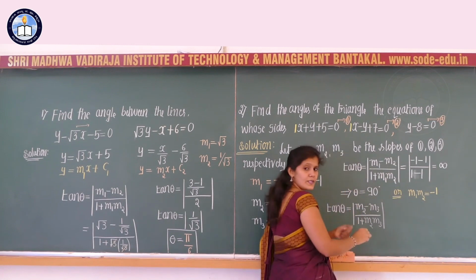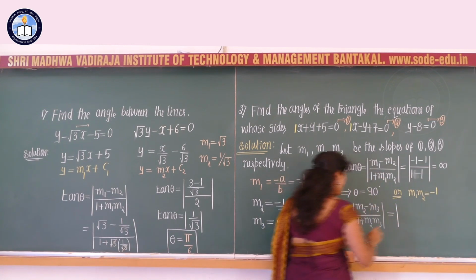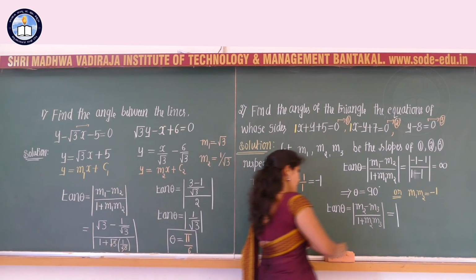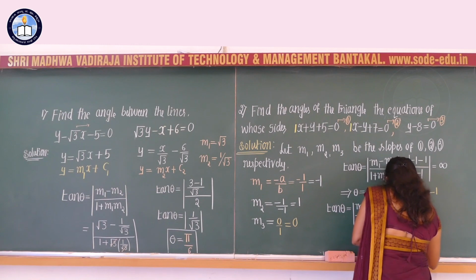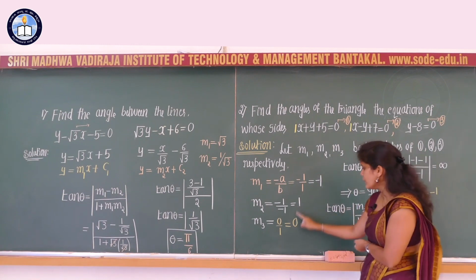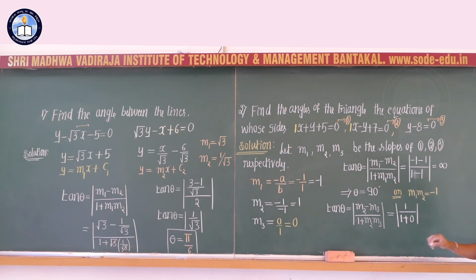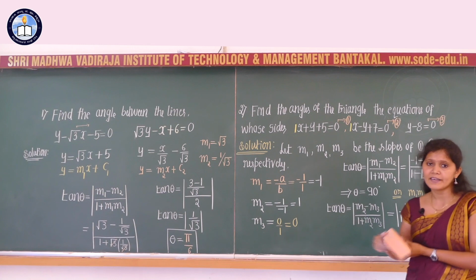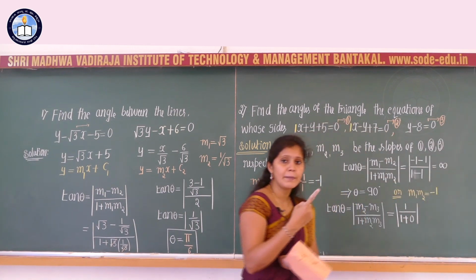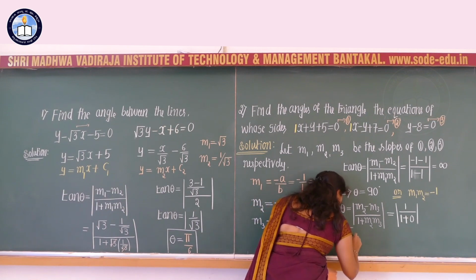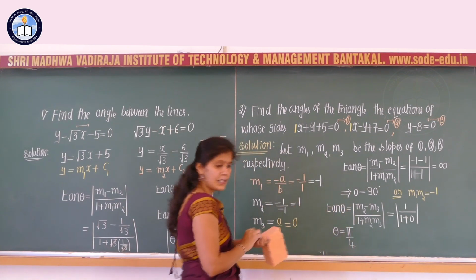That becomes 1 minus 0 divided by 1 plus m2 into m3, which is 0, so tan theta is equal to 1 divided by 1. So what is the value of theta? Tan theta is equal to 1 implies tan 45 degree is equal to 1, or tan pi by 4 equal to 1. So theta is equal to pi by 4 or 45 degree.